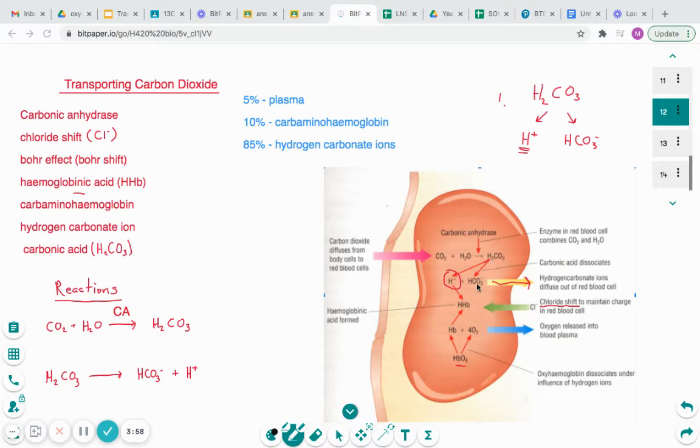All right, let's follow what this carbonic acid does. We know it's broken down into hydrogen carbonates, and also into the hydrogen ion, which is what's causing the acidity. Some of these hydrogen ions can actually bind with hemoglobin. So not only does hemoglobin bind with oxygen to form oxyhemoglobin, and with carbon dioxide to form carbaminohemoglobin, it can also bind with hydrogen ions to form hemoglobinic acid, HHb, and this is acting as a buffer.